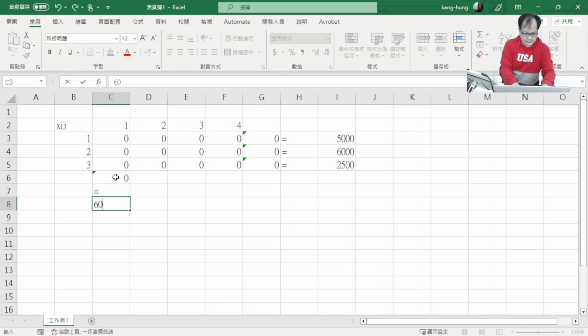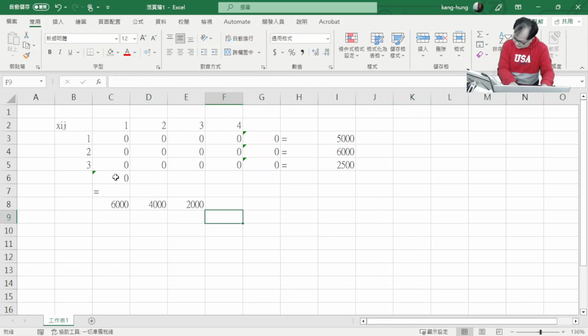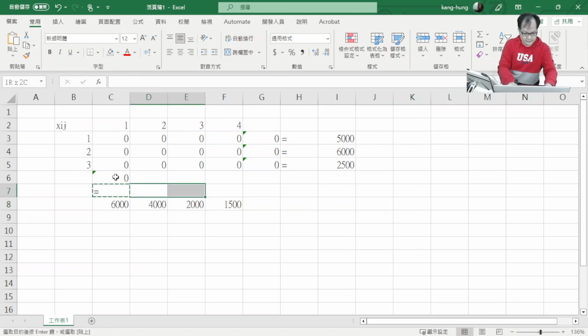So here is 6,000, 4,000, 2,000, 1,500. Okay, so we use here, and we copy from here, right?